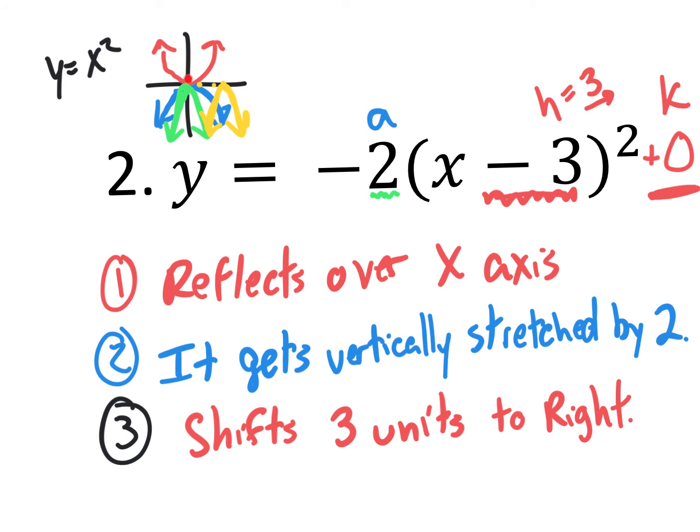And in the correct order of how it changes, the negative is reflects over the x-axis. The a value of 2 is a vertical stretch by 2. And the h and the k are your shifts, which are also known as translations. But I think the word shift is easier to remember. It just shifts 3 units to the right, and it does not go up or down. It's just 3 units to the right.